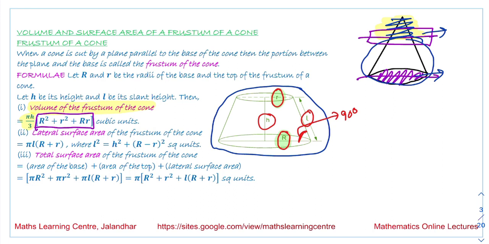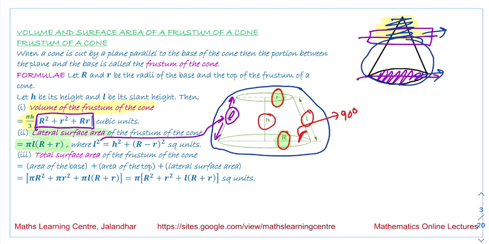The formula for the lateral surface area is pi L into capital R plus small r, and the value of L square, the slant height of this portion of the cone, is given by h square plus capital R minus small r whole square units.